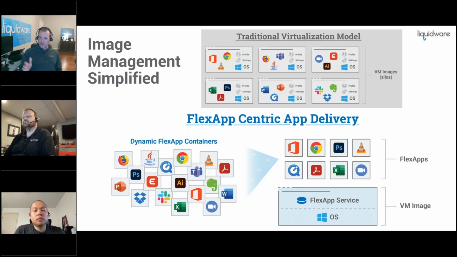As you see here below, we're implying that we got to a single base image, and we have done that. Usually you end up with a few base images in an enterprise, but in this case, we have a single base image, and then your FlexApps are assigned to those users or groups of users.